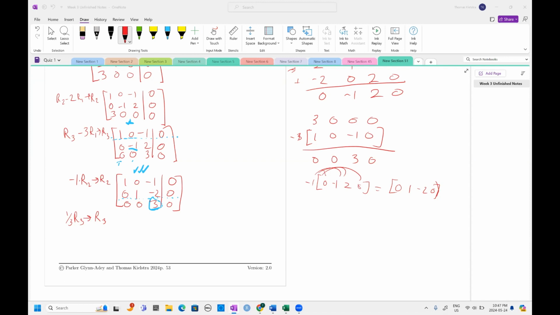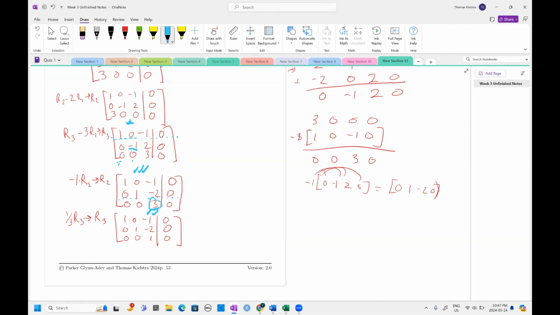So by multiplying by 1/3, we get the following augmented matrix. Again, the first 2 rows aren't touched, so they don't change. And now 0, 0, 3, 0 multiplied by 1/3 is 0, 0, 1, 0. Now that it's in, we've done our first step of making it 1. Now putting it in the right spot. It is in the correct spot.